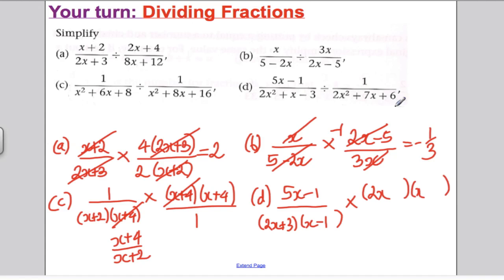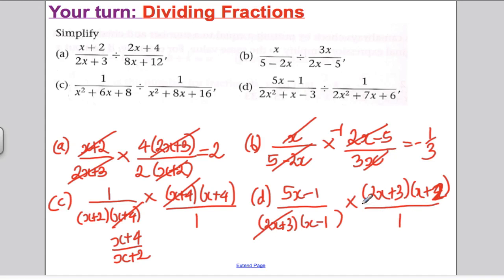You want to multiply up to 6, so it should be 3 and 2, so this would be a 2, this would be a 3, so that would be a 2, that would be a 3, and that would be all over 1.